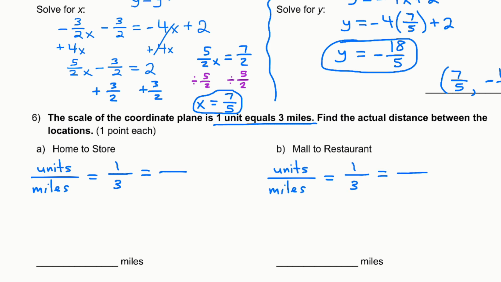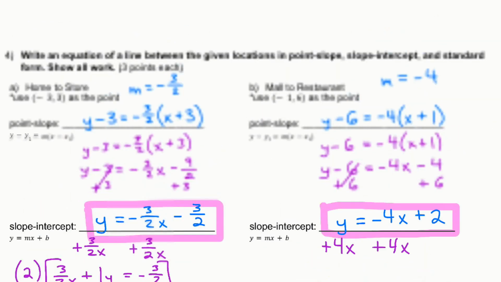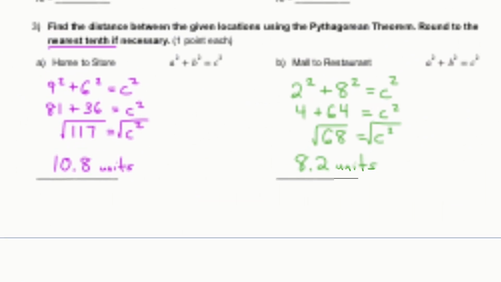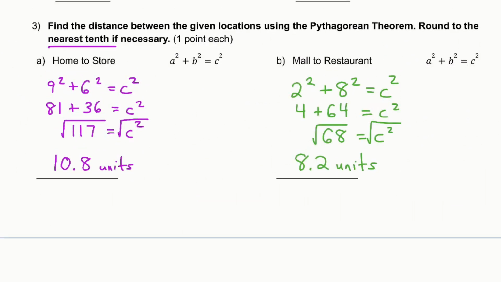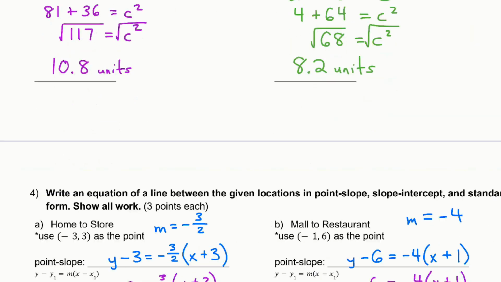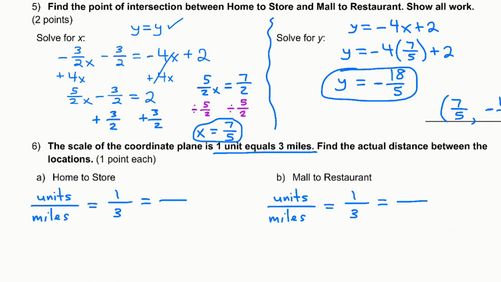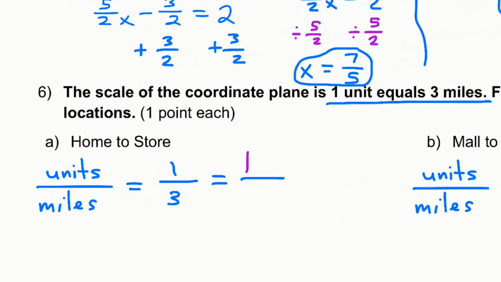So then what we will have is the home to store. You're going to have to look at task 3 for that. If I throw it back to task 3 to find that distance, the home to store distance is 10.8 units. So I'm going to put my 10.8 units in the numerator, and the denominator is going to be m as my variable.